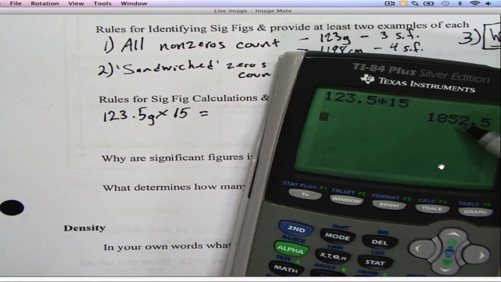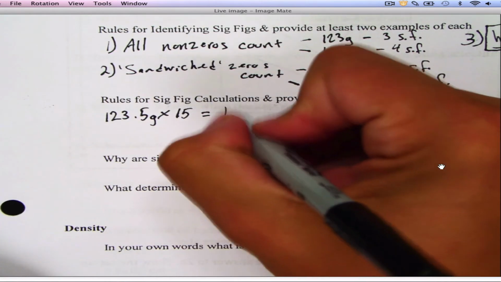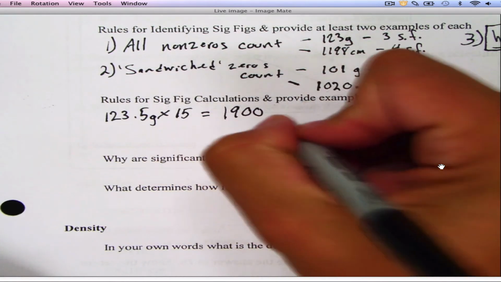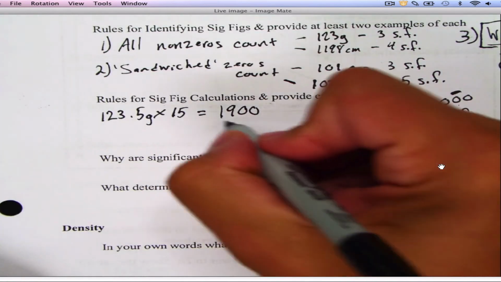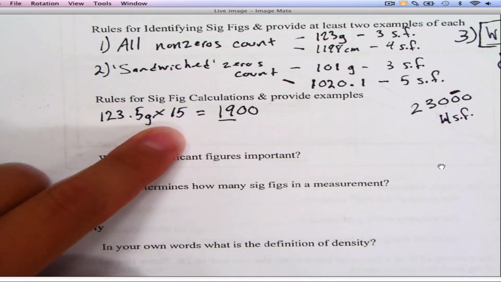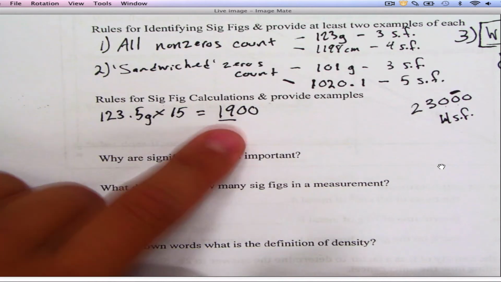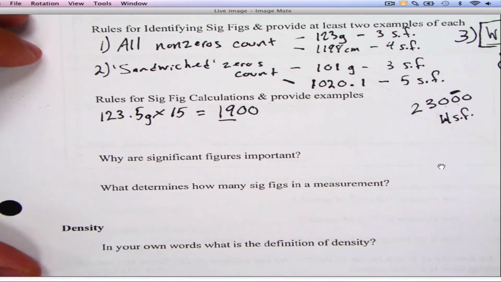So tell me if I round up or down, and I round up because it's a 5 or higher. So this number is actually going to be 1900. 2 significant figures. Okay, you cannot be more accurate than your measurements. So if this one is the least precise with significant figures, you have to express that in your answer. All right, and if you look at that worksheet too, that'll help out a lot.